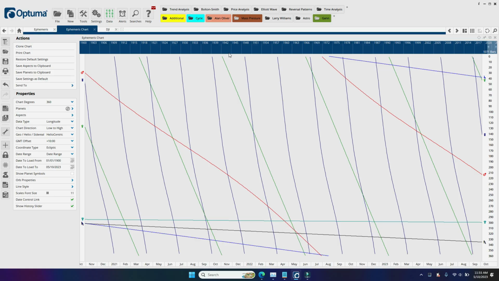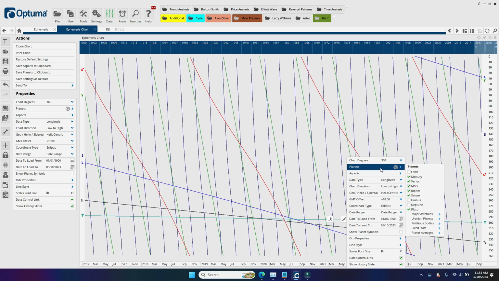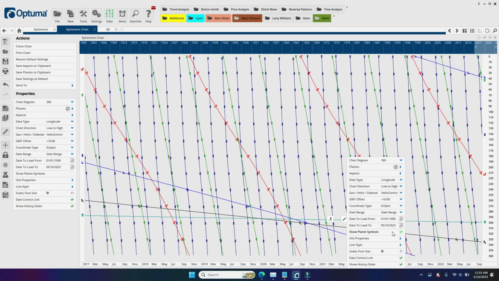That's the 1st of April, and this is the 2nd of January, so about 88 days to cross that period. Then as you see the slopes start to get longer in time, this is when the planets start getting slower. And if we look at this blue one right here, I'm wondering if I can change its color.